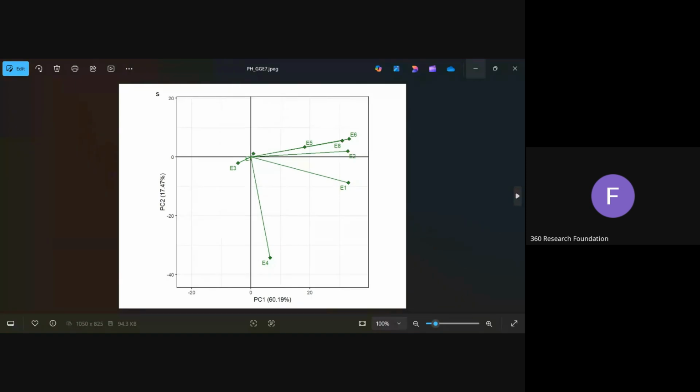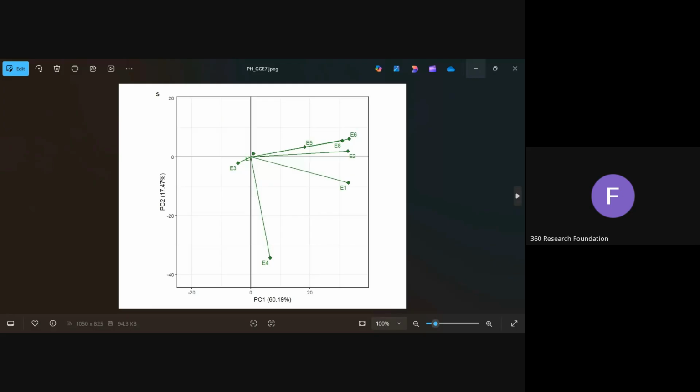Then E3, E7 are close, so more stable. Then E4 is unique, but it is far from the origin, so that environment is not considered a representative environment.